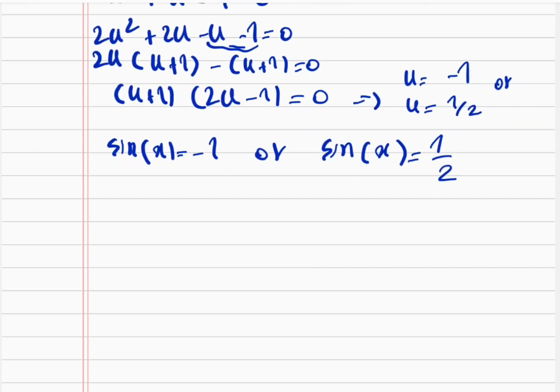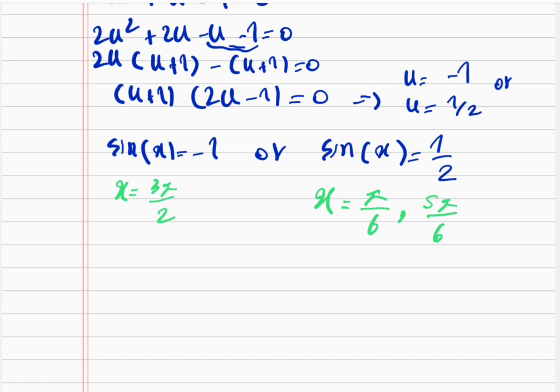So the only case that sine x can be minus 1 in that domain of x is when x is equal to 3 pi over 2. And for the other one, when sine x is equal to a half in that range, there are actually two values. One value is when x is pi over 6, and the other value is when x is 5 pi over 6.